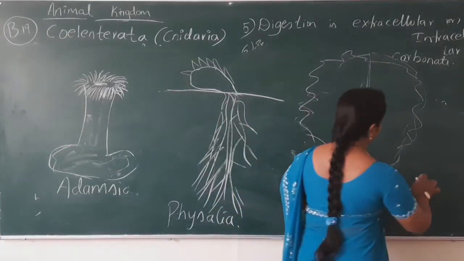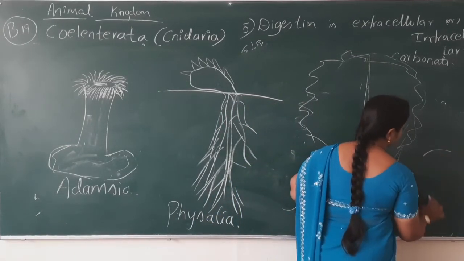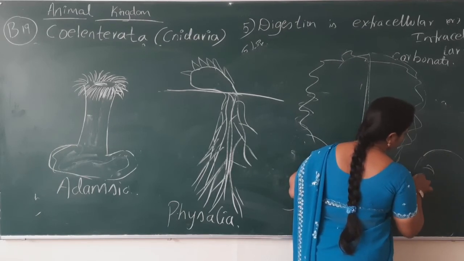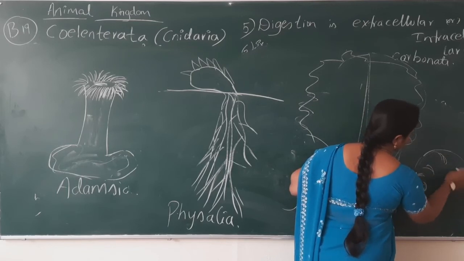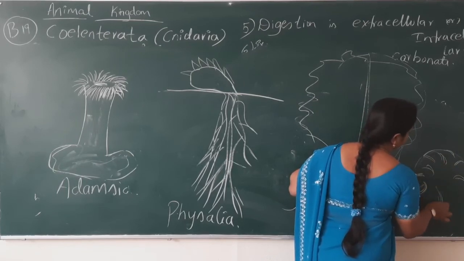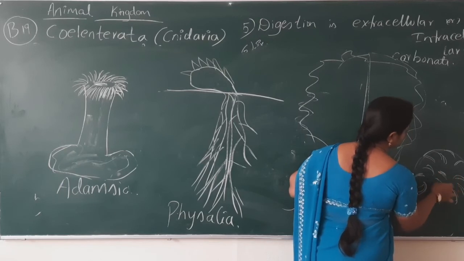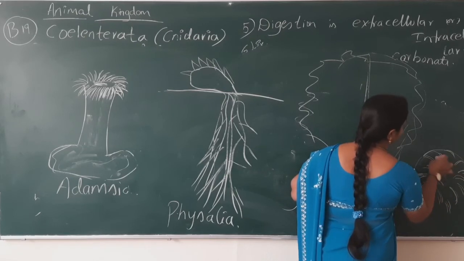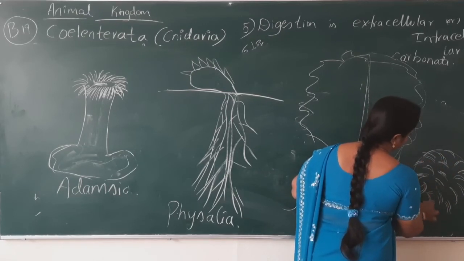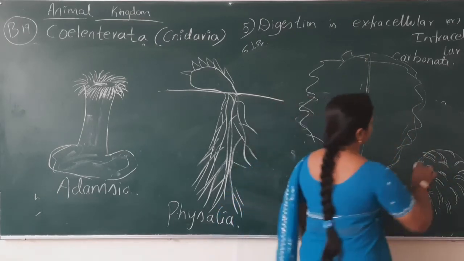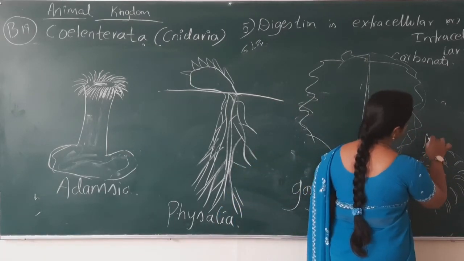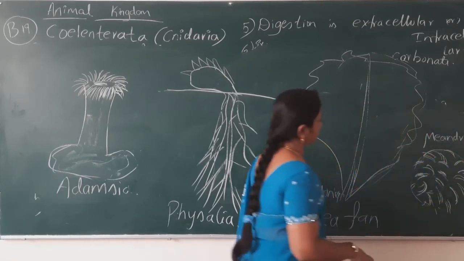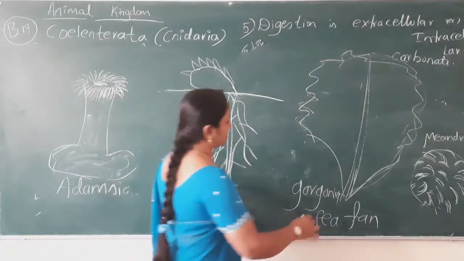Okay, and Adamsia has a number of ridges, and this is also a polyp one. Meandrina, brain coral, okay, it has a number of ridges.